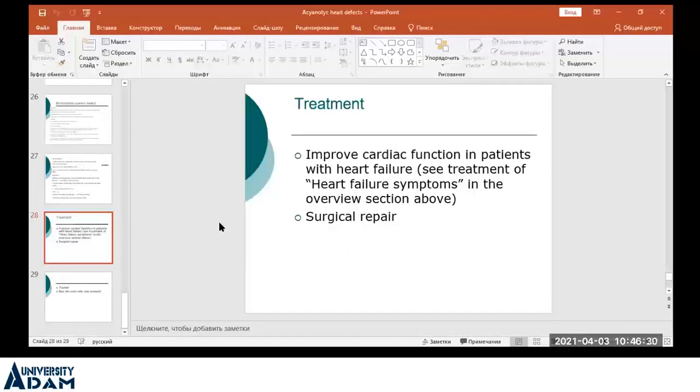Treatment: we should treat the symptoms of heart failure, and surgical repair if the defect is very large.